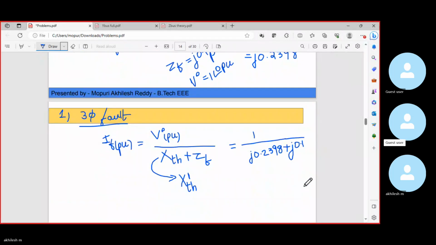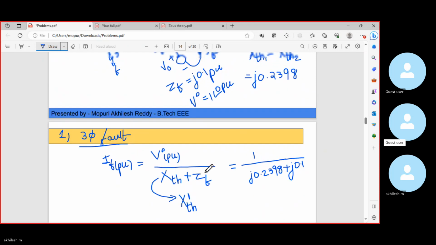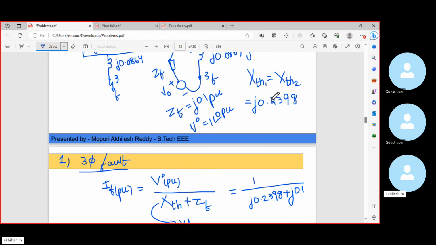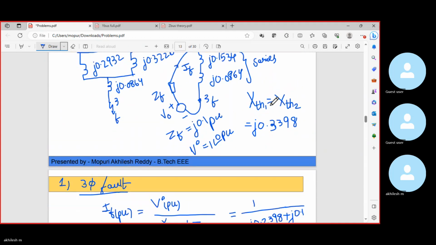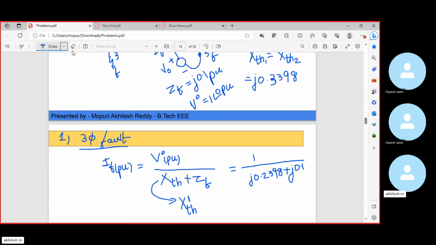j0.2398 plus 0.1, XTH plus ZF, that is j0.3398. The sum is 0.3398.